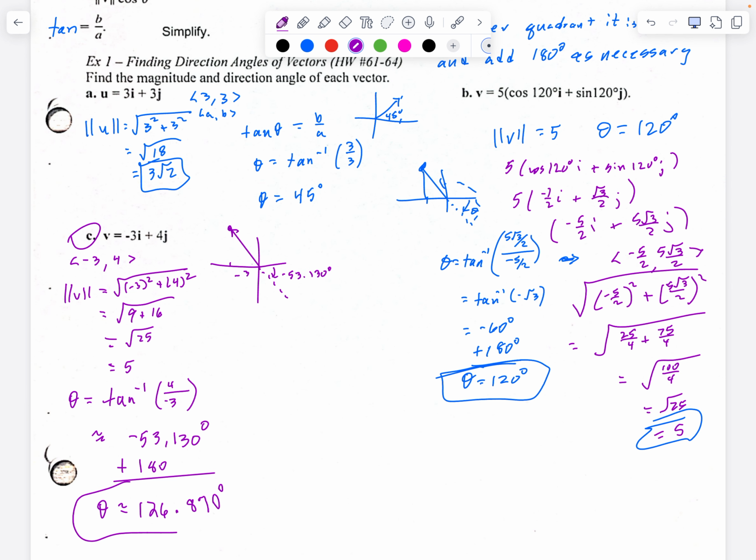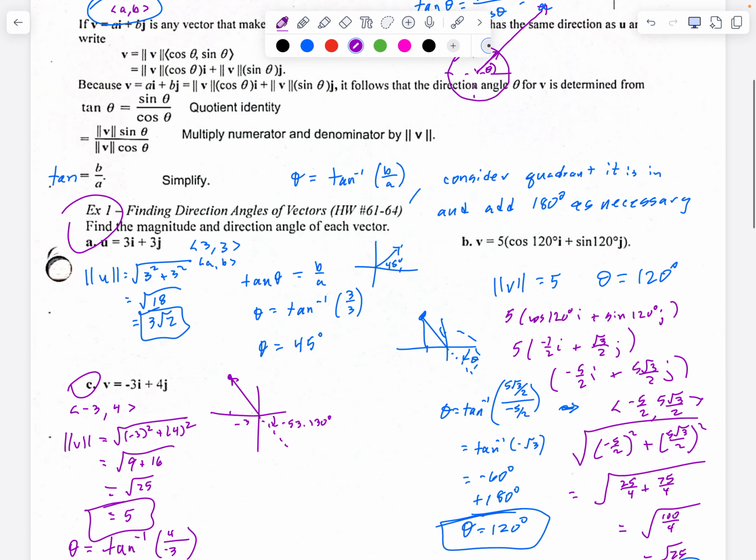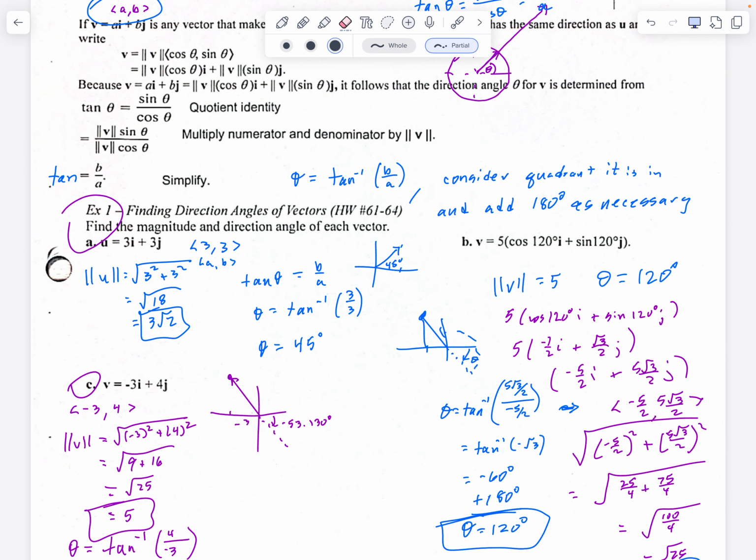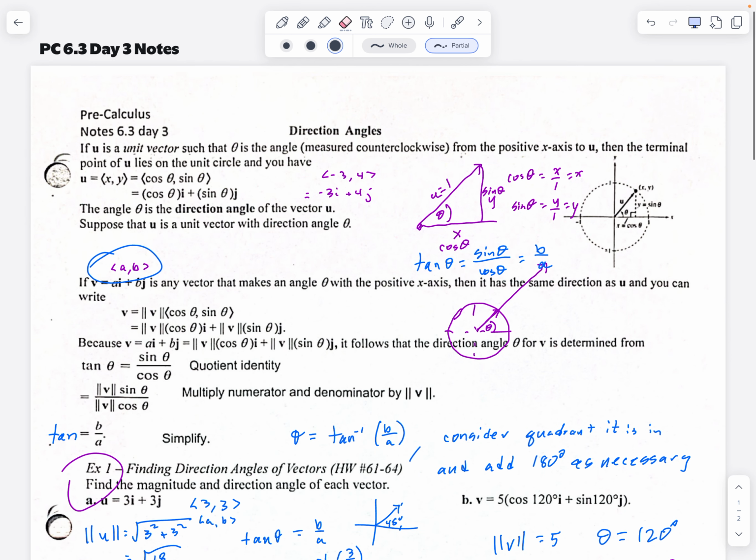All right, so on the back side, find the component form given its magnitude and the angle it makes. Well, you take the magnitude times the cosine of 45 degrees plus the sine of 45 degrees. That gets you your linear combination.